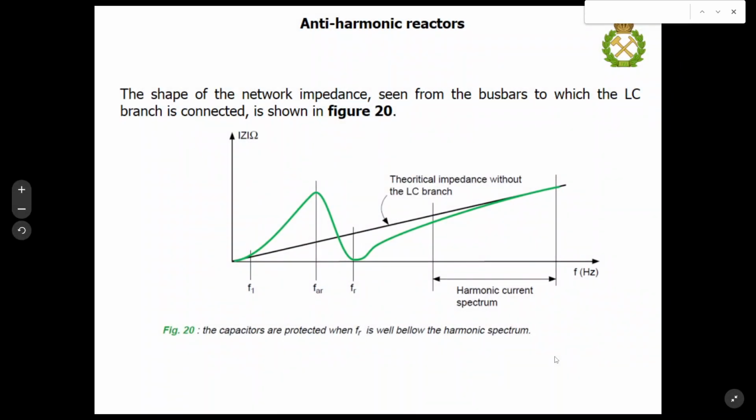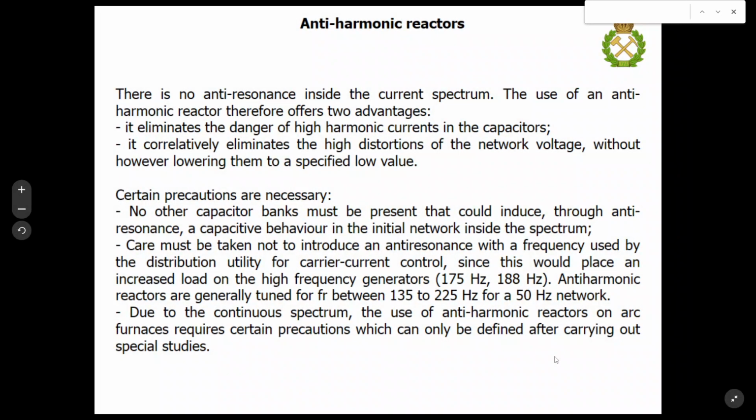Here you may see the typical characteristic which reflects the application of such an anti-harmonic reactor. And when we use such reactors, we also should consider capacitor banks which can be present in our power supply systems to eliminate reactive power.